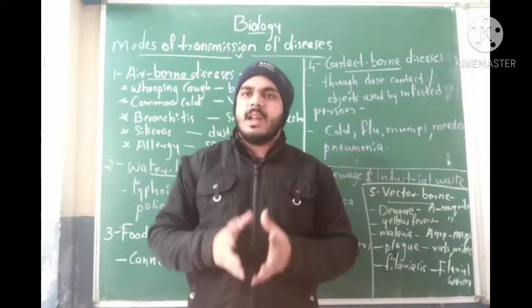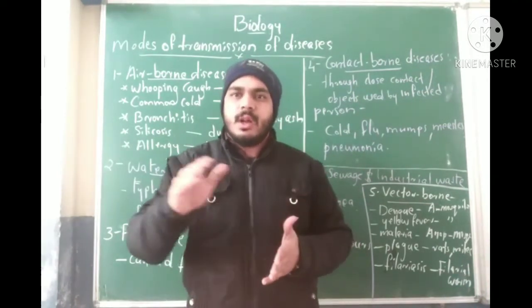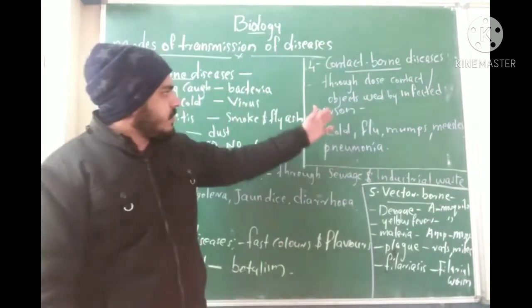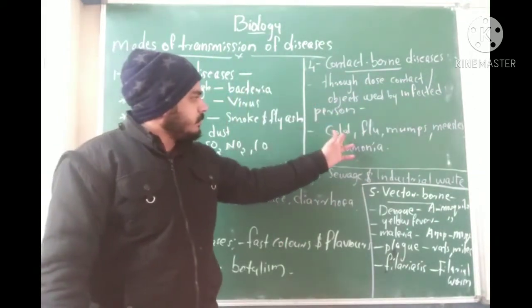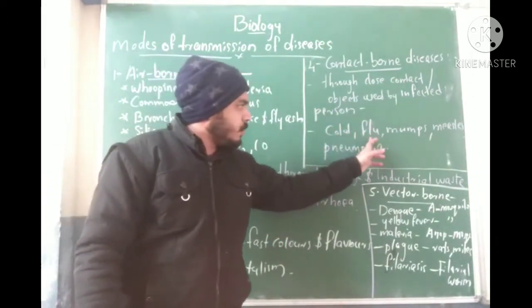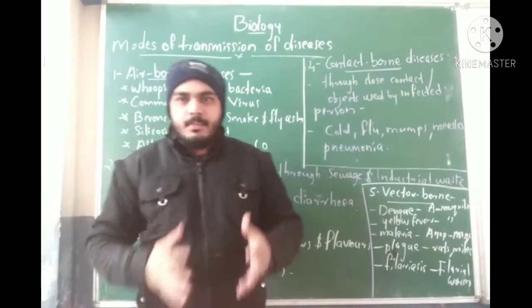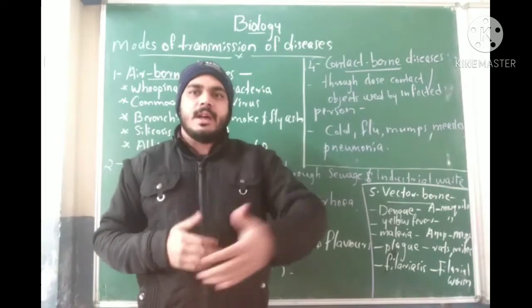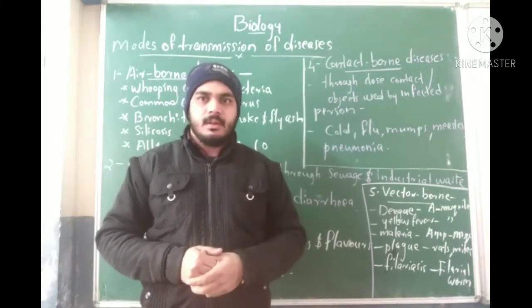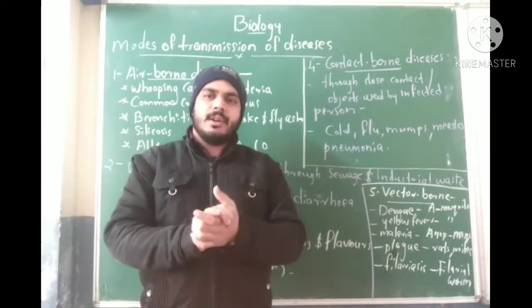So let's see which diseases spread through direct contact. The first one, cold, flu, mumps, measles and pneumonia. These diseases spread through direct contact. There is no need for direct contact also.